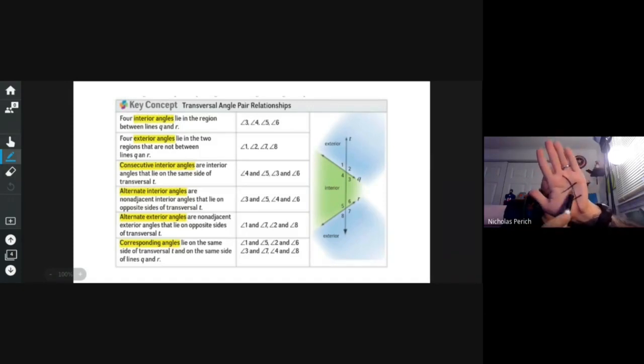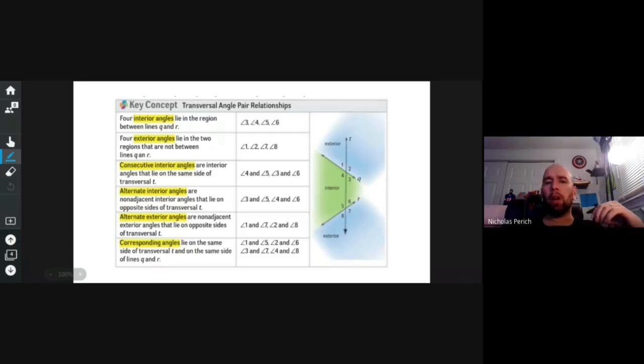The insides of the two lines that I cut through are called interior angles, because interior means inside. The outsides of the two lines are called exterior angles, because exterior means outside. See the picture? The green means interior, and the blue means exterior. Blue on the outside, green on the in.